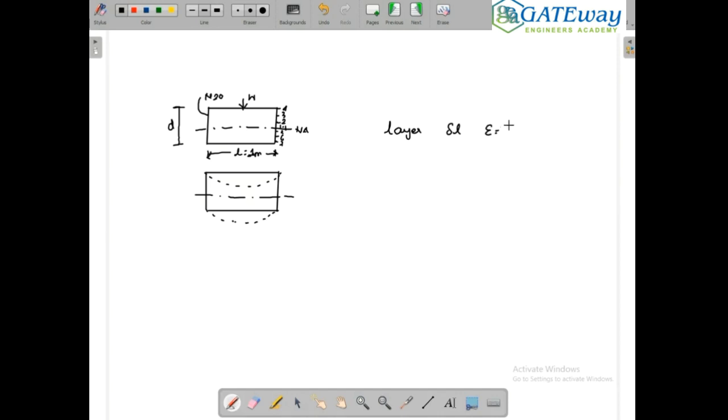You know the formula of strain: difference in length to the original length, this is del L by L. Then we have to calculate the stress. The formula for stress is Young's modulus into strain. The unit is Newton per mm square, and for the strain there is no unit.